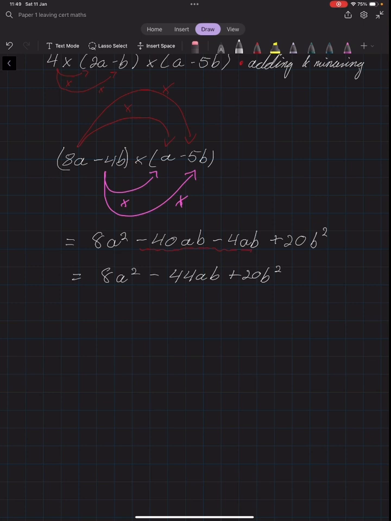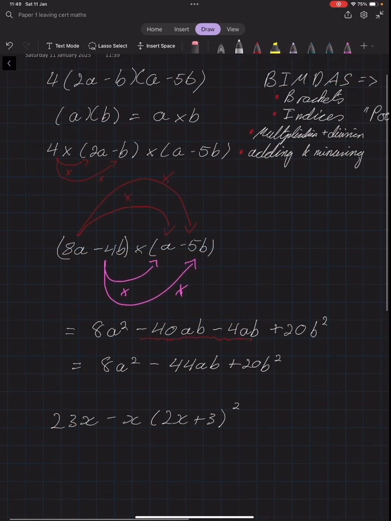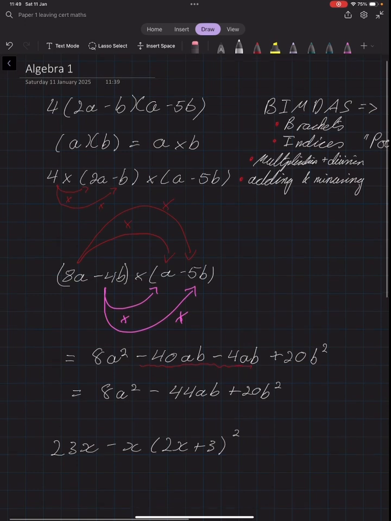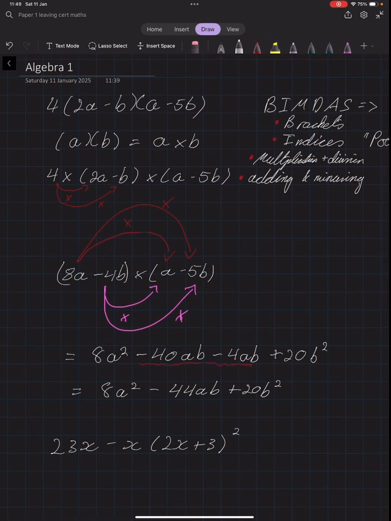Now another thing could be something like if we had 23x minus x into 2x plus 3 squared. Okay, now we're going to have to look at our BIMDAS again and say, we have brackets, so we do them first.